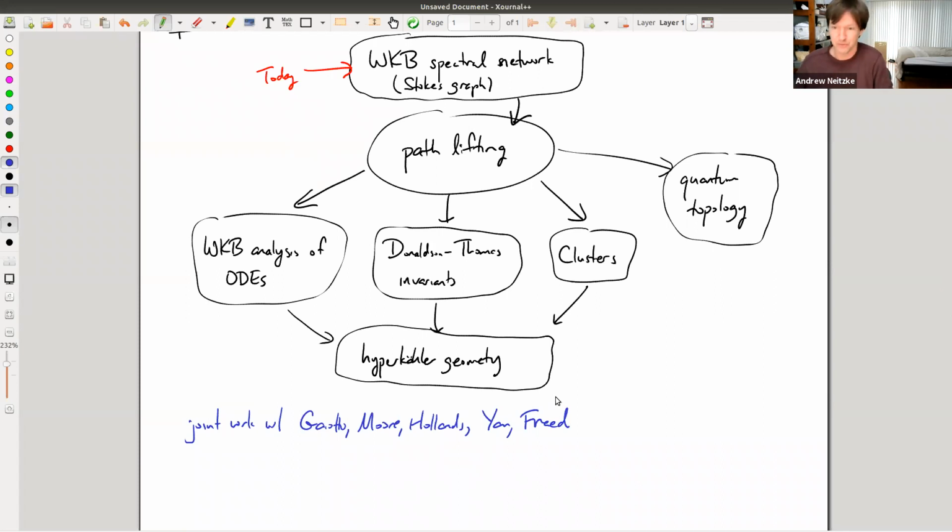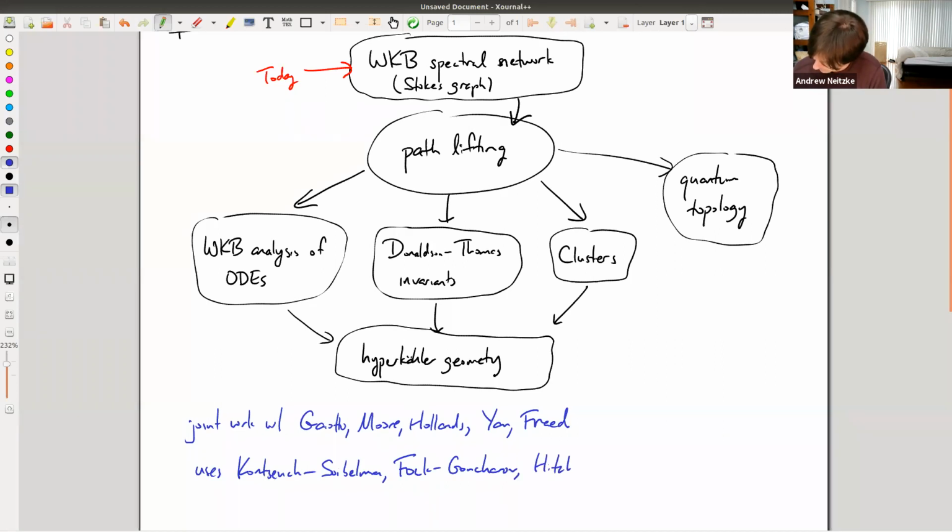Let me just mention a few people whose ideas are particularly prominent here. A lot was motivated by the ideas of Kontsevich-Soibelman, Fock-Goncharov, and for the Higgs bundle stuff, Nigel Hitchin and Carlos Simpson.